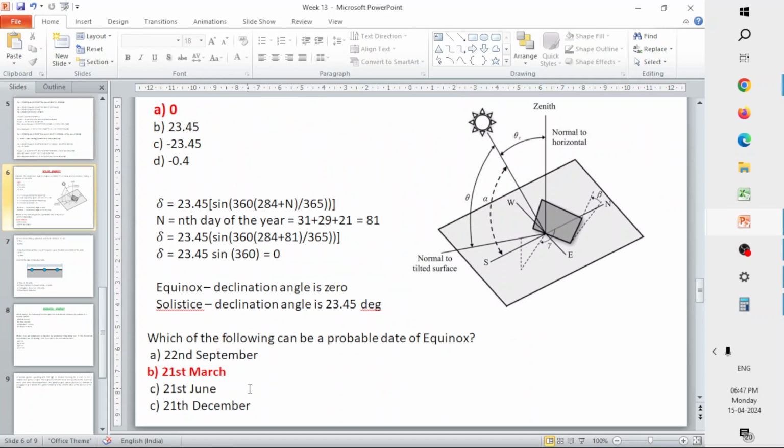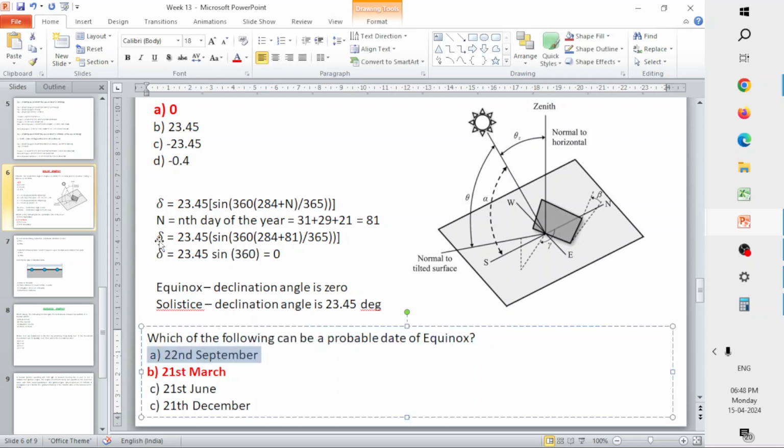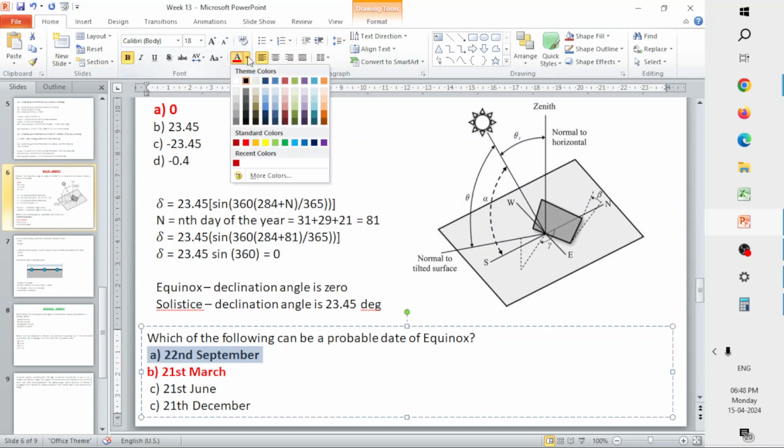And which among the two is the solstice, and what is the characteristic of the solstice? The next equinox day will be September 22. On that day again your declination angle will become 0.